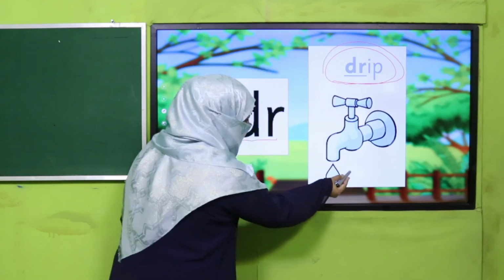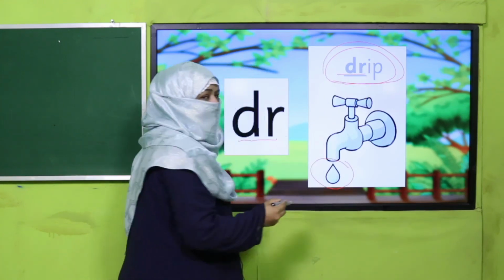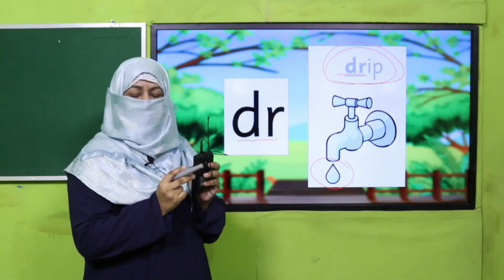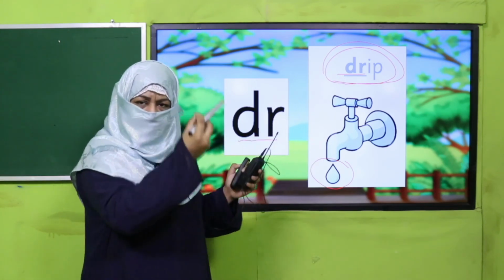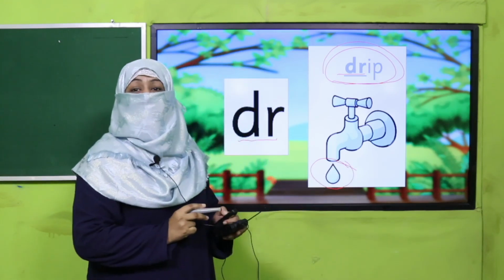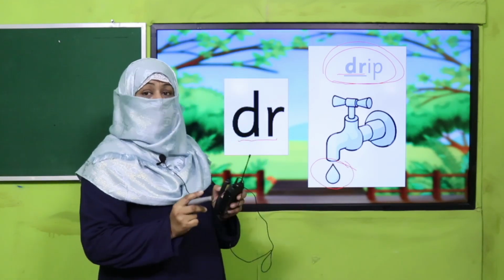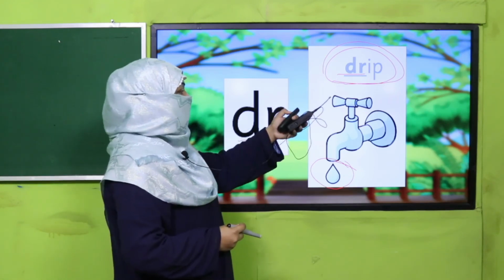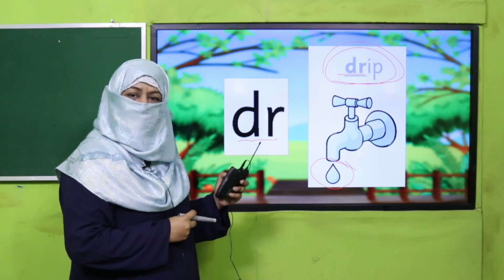Drip, or drop, right? In both words, it's D and R. Both sounds you'll blend and you'll say drip. Drip means the dripping of drops, the way this drop is dripping. Do you understand? This is how we'll find a consonant blend in a word, and this is how we'll pronounce it.